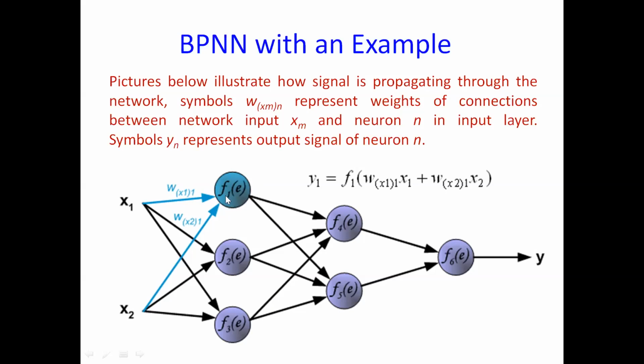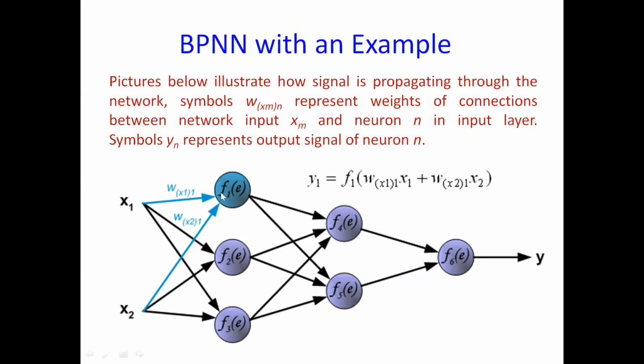This is the F1 neuron, that is why it is written here as 1. Similarly, for this connecting link, this is X2, the initiating input, and the targeting neuron in the input layer is 1, that is why it is WX1.